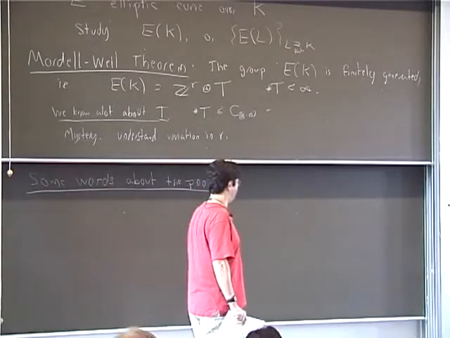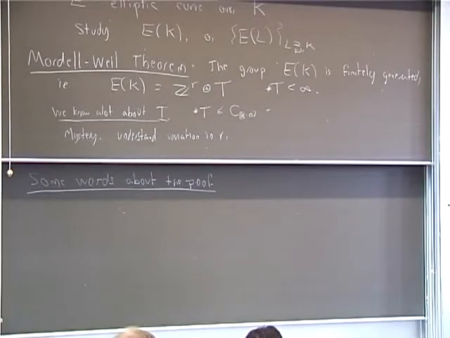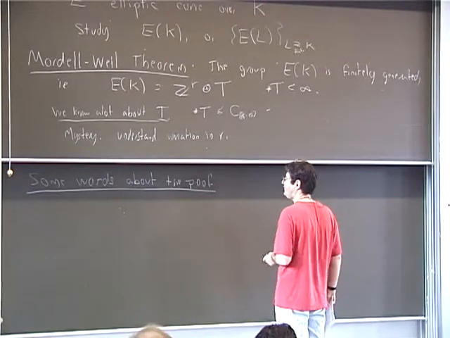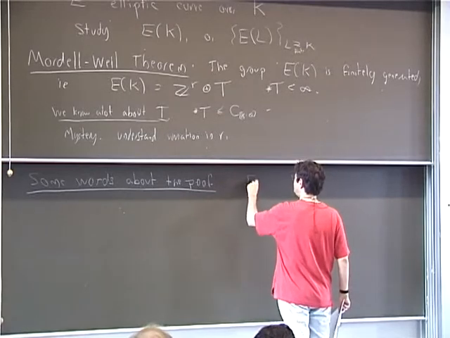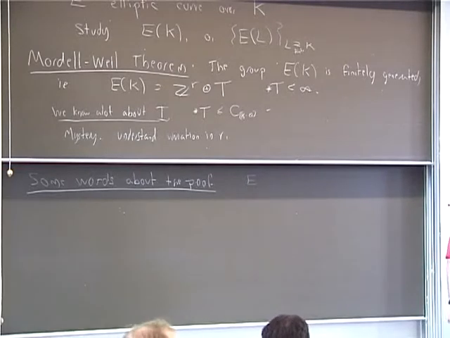So the idea, and in fact this was already implicit in some of the exercises I assigned last Monday, is to exploit the fact that the elliptic curve E is equipped with many unramified coverings to itself.